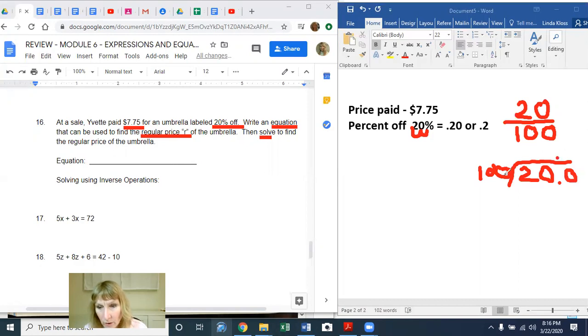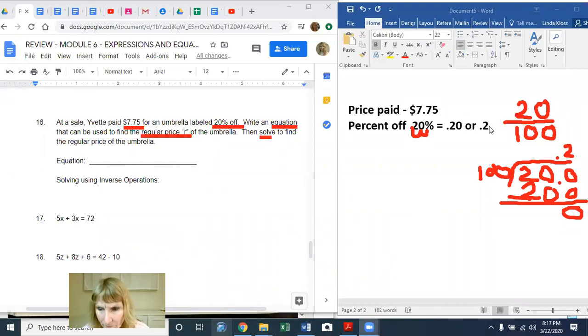How many 100s go into 200? Well, 2. I'm going to put the 2 over the second 0 because I went into the whole number. 2 times 100 is 200. And that 200 minus 200 is 0. So you see that 0.2 is really the same as 20 over 100. So that's why we can move the decimal 2 to the left. Just wanted to show you that in case you had forgotten that from the percent unit.